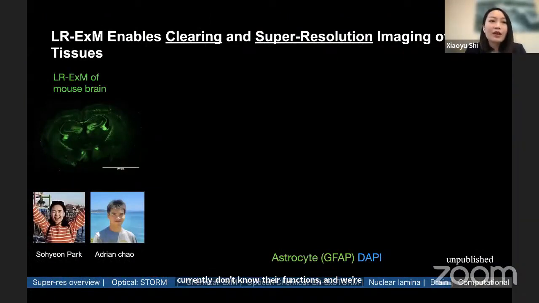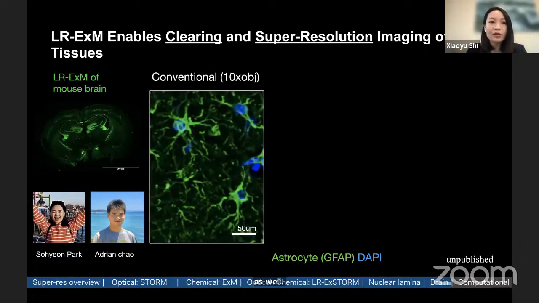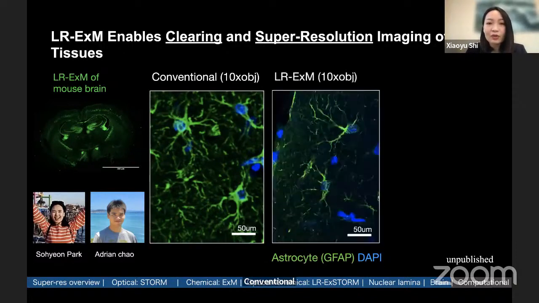And the LR ExM, of course, can be used in tissue imaging as well. This is a mouse brain section. With the conventional microscope, 10x objective, these are the astrocytes you can see. With LR expansion microscopy, same microscope, same objective, you can see much more detail of the GFAP distribution in astrocytes.